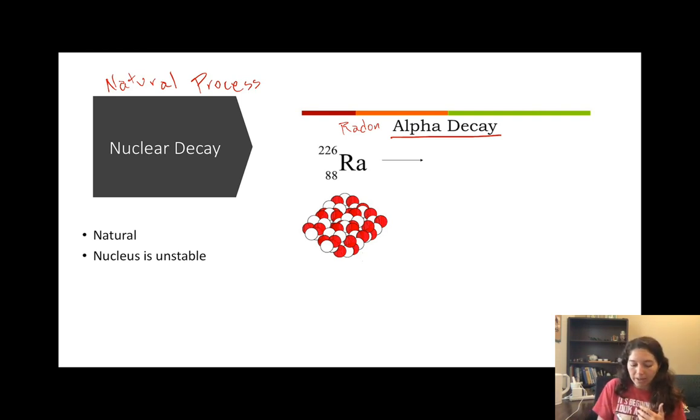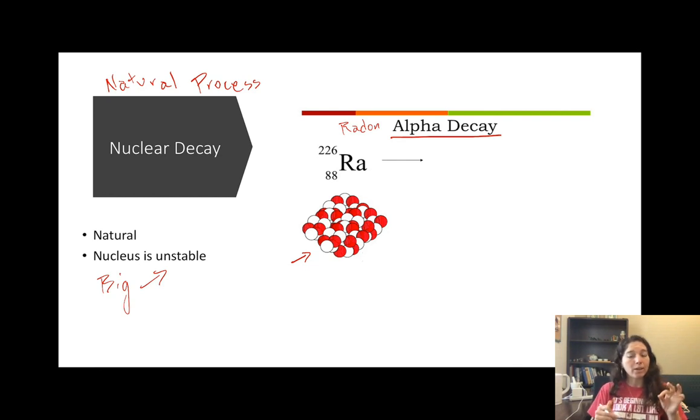Something you'll notice about radon that's pictured here, this is the nucleus. It's got a lot of protons. It's got a lot of neutrons. This is a very big atom compared to what we're used to working with. Normally we work with stuff that's at the top of the periodic table, but with nuclear decay we work with stuff that's at the bottom of the periodic table. Because these atoms are really big, it makes them unstable.